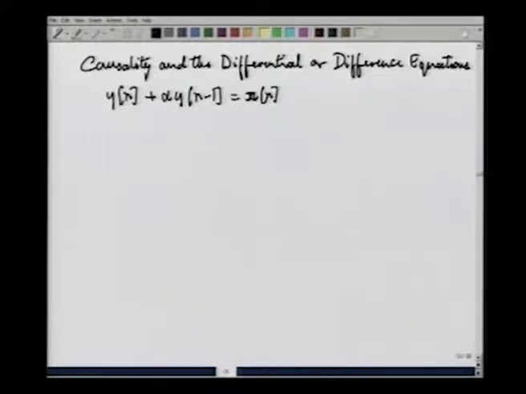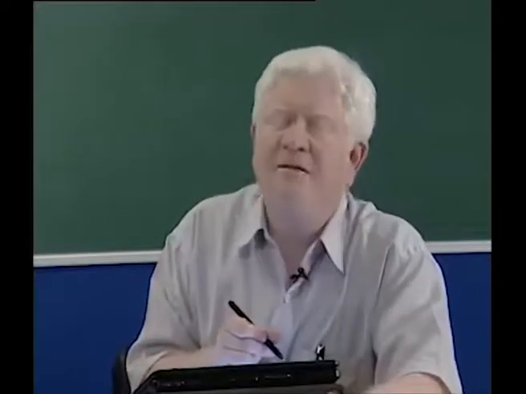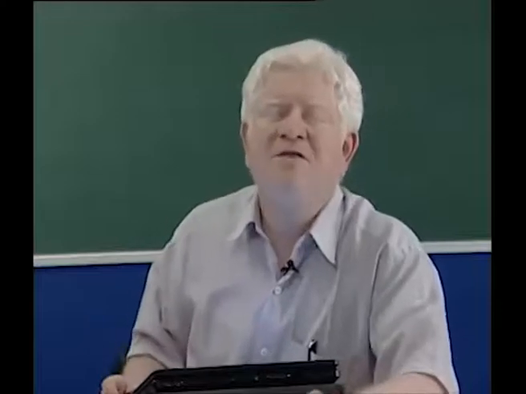On the face of it, our experience, our intuition, everything tells us that this must be a causal system, and we also know that we are free to replace the independent variable over which these signals are given by some other quantity.